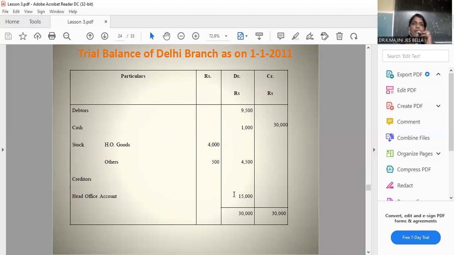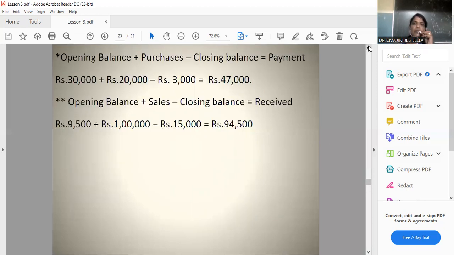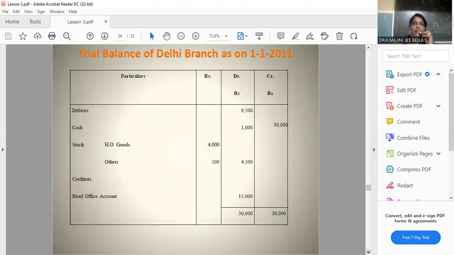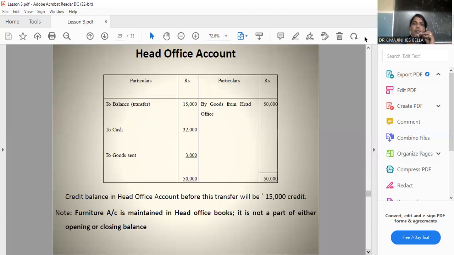Then closing balance how much? 15,000, right? Head office account 15,000. You have to write it here just to total it. Both the sides are tallied, right? This is the trial balance of Delhi branch account.